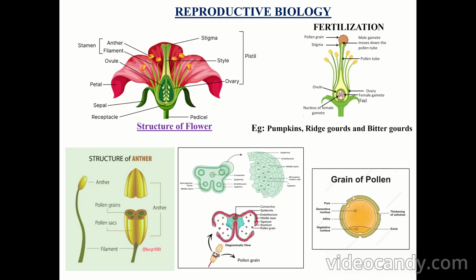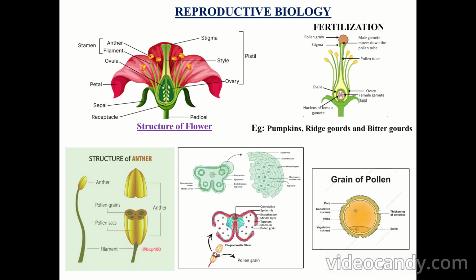Okay, next to the intine, you can see here, this is the cytoplasm having the vegetative as well as the generative nucleus. Only the generative nucleus takes part in the reproduction process, whereas the vegetative nucleus stores food, which helps in the development of the pollen grains, and it helps in pollen tube formation.